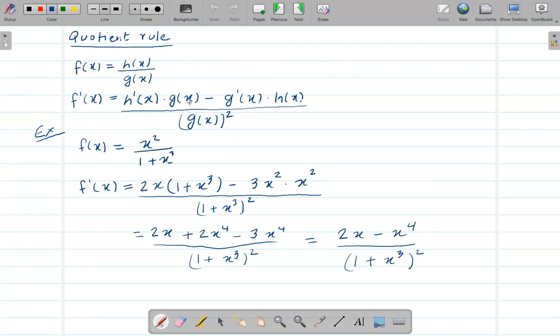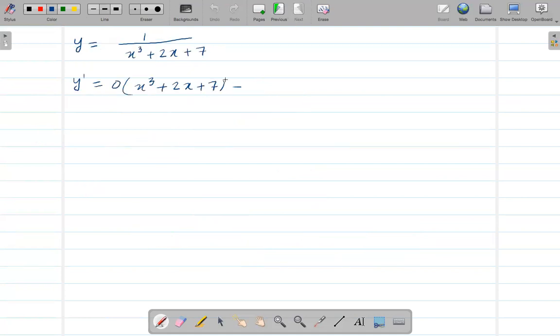Minus, and then after that, we take the derivative of the denominator. The numerator will stay the same. Now take the derivative of the denominator: the derivative of x to the power 3 is 3x squared.